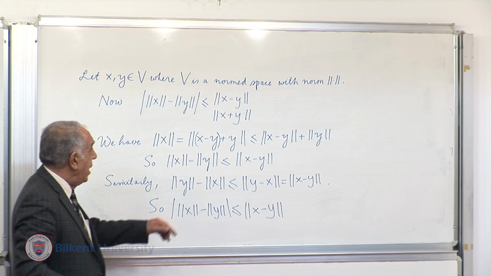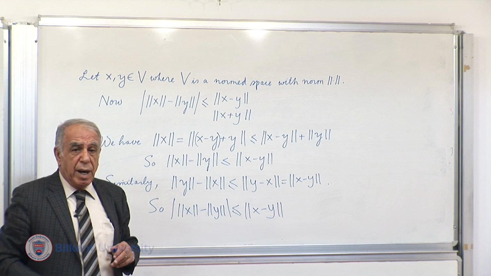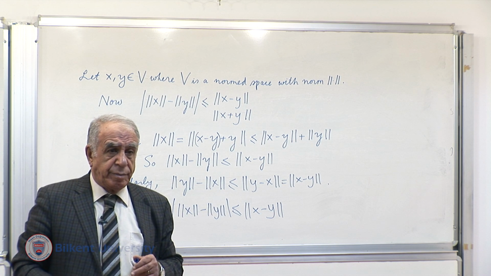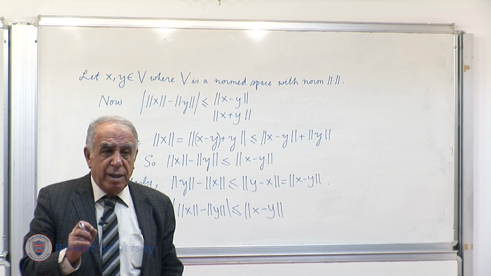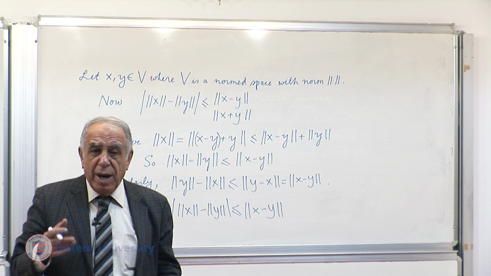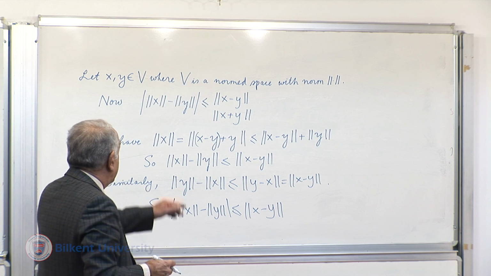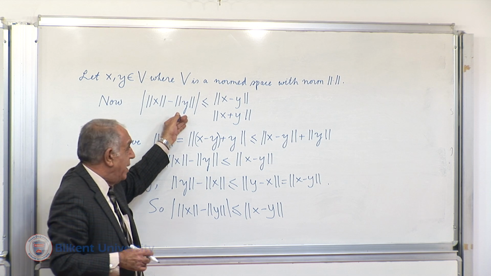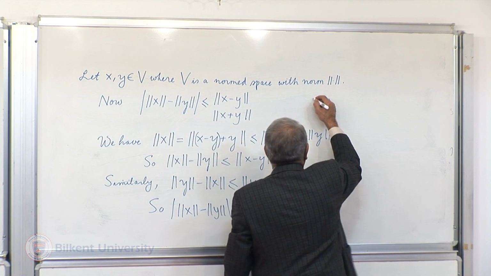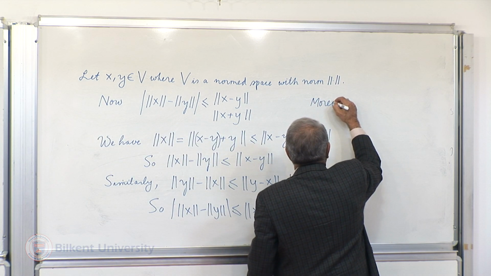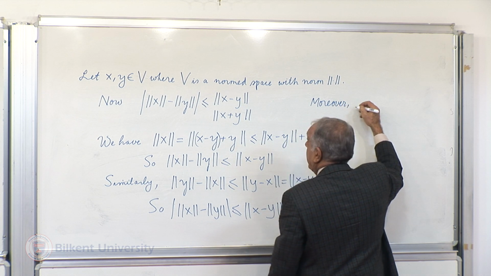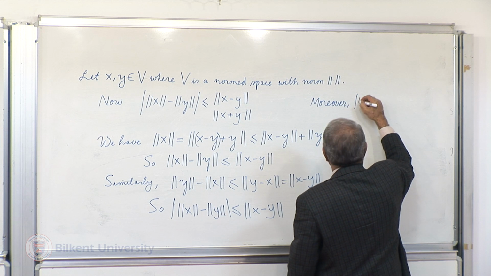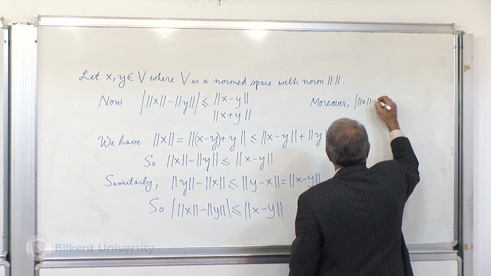How can we get the norm of x plus y version? Well, simply replace y by minus y. The norm of minus y and the norm of y are the same. Moreover, let me write it in full.